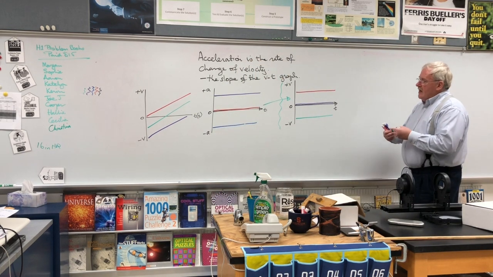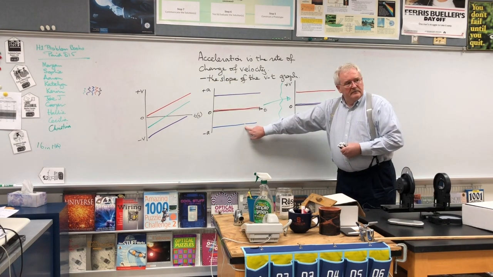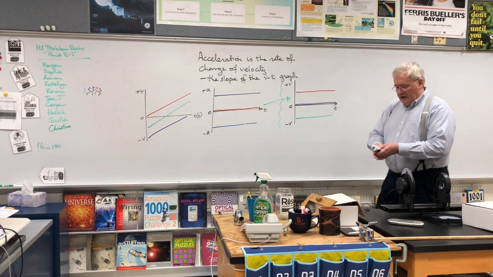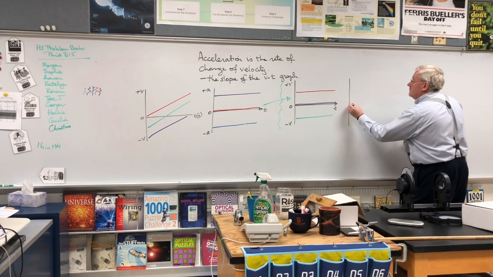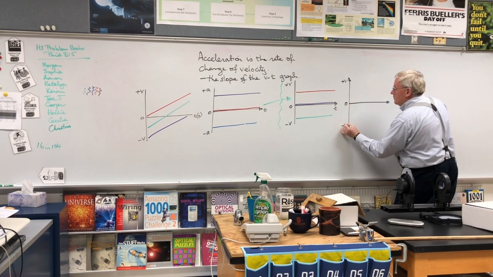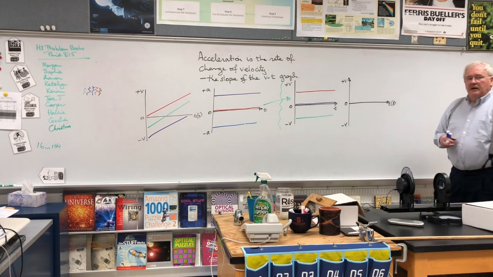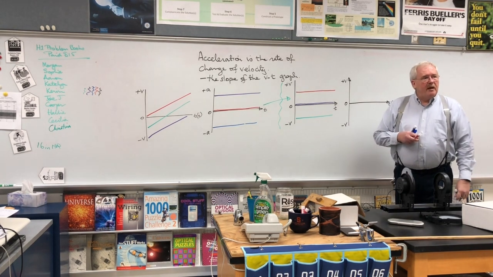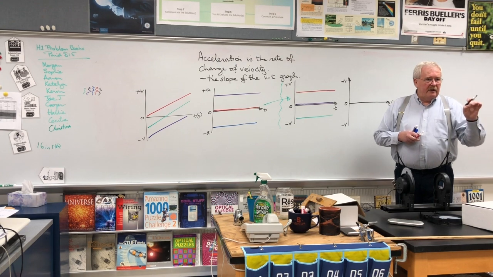Okay, so now let's have a look at this third option here. We've got a constant negative acceleration. How does that translate into a velocity time graph? All we need to remember is the following.